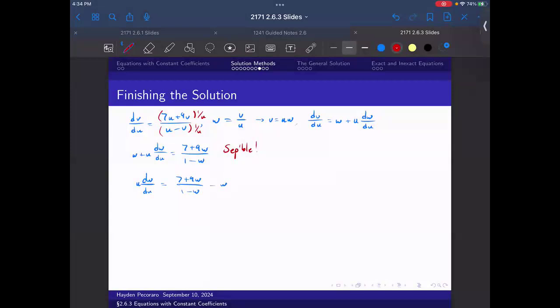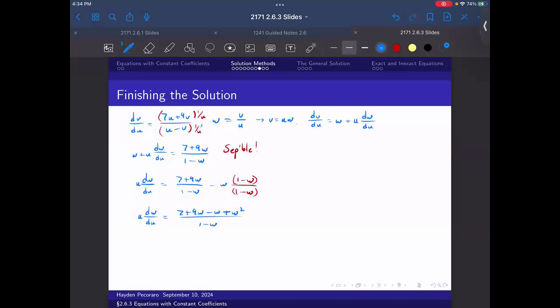If we add these together, we have to find a common denominator, add them together, and we get u dw du equals 7 plus 9w minus w plus w squared over 1 minus w.